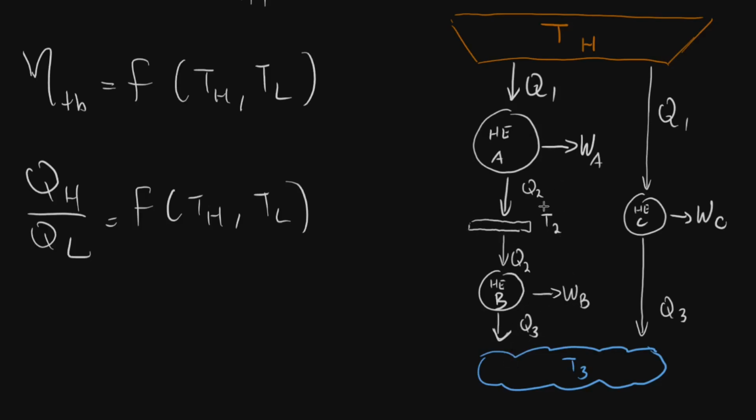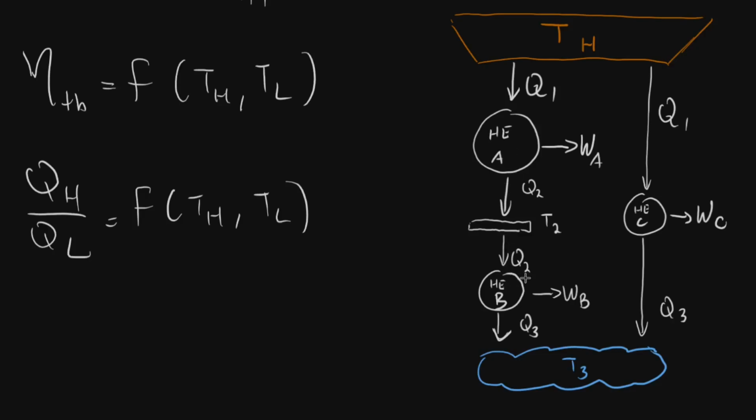And we also have a T2 here, which represents an in-between system that takes the heat and then rejects the heat at some temperature, just so we know what the temperature between these is. Basically, there's a temperature that this heat distribution is happening across.